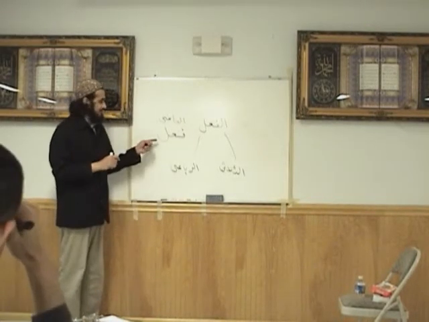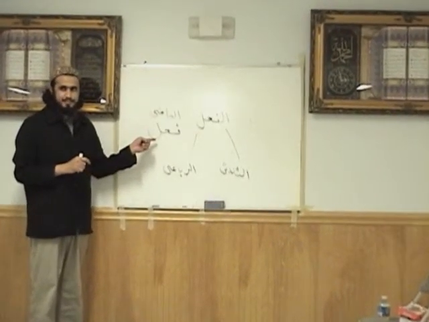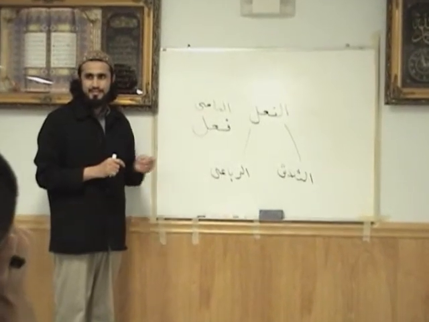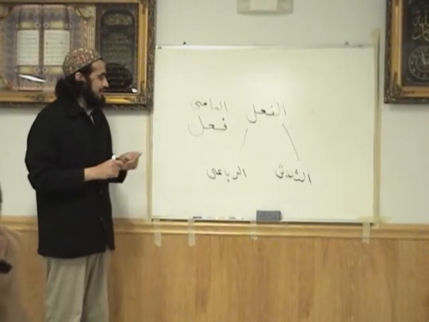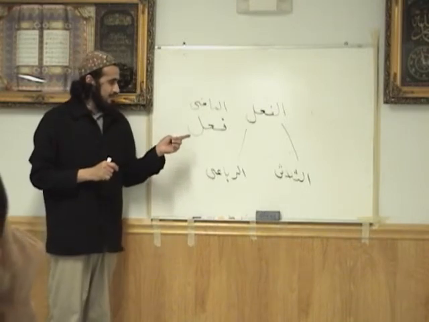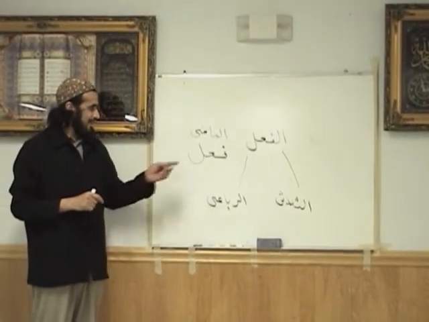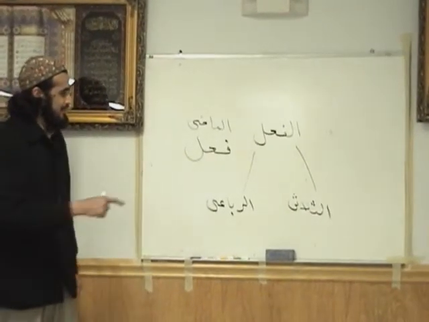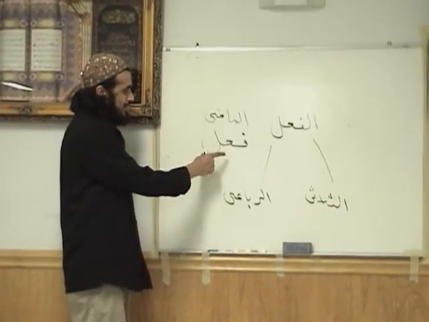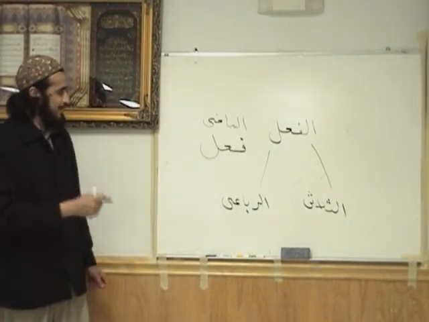And the sample we use is third person, masculine, singular, because that's the simplest form. For other persons, second person, first person, you add something to it. But since this is the original form, it has no additional letters. We always use the third person, singular, masculine as a sample.